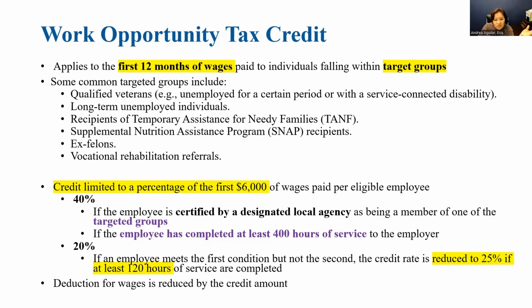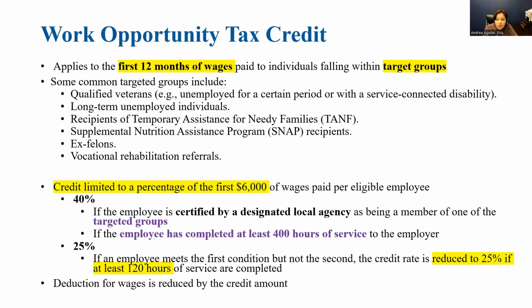What is the limitation? You will be limited to either 40% of the first $6,000 or 25% of the first $6,000. So if you are employing an individual that belongs to a target group and that has worked at least 400 hours, then you will qualify for 40% of $6,000.